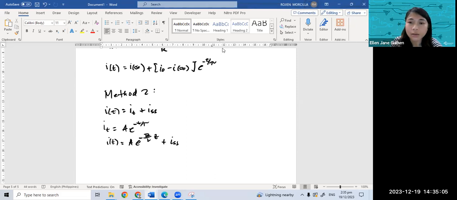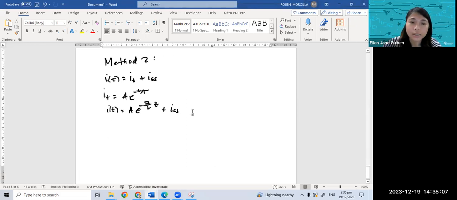And then what we're going to do is substitute the value of t at a time where we know a value of the current. Usually, during such switching, for example at time 0, you get a current of 10 amps.